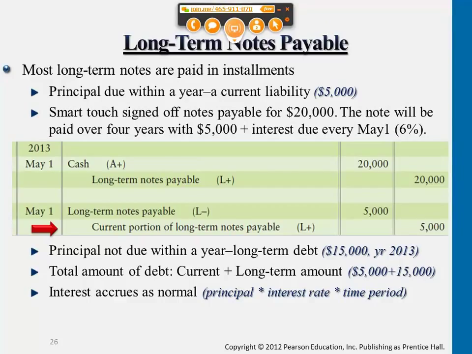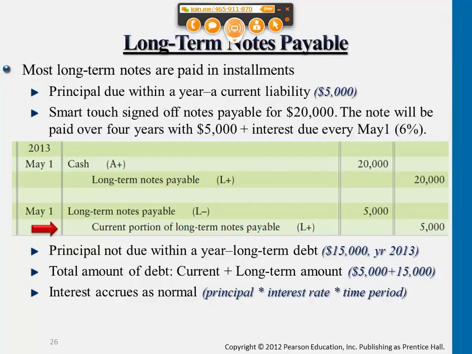So there's $20,000 here, and then immediately we reclassify a part into short-term notes payable. Both of the T accounts will look like this. This happens May 1st. You first borrow the money, and then you reclassify it into the current portion of long-term notes payable.